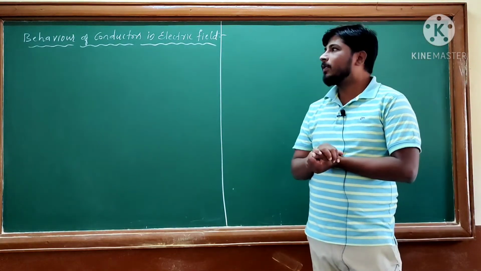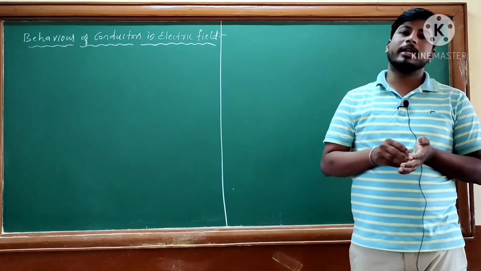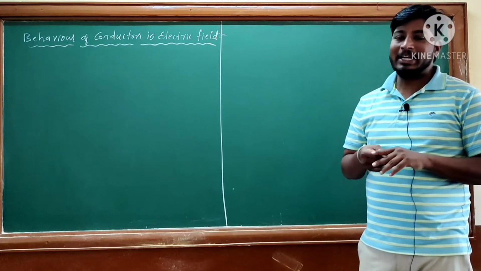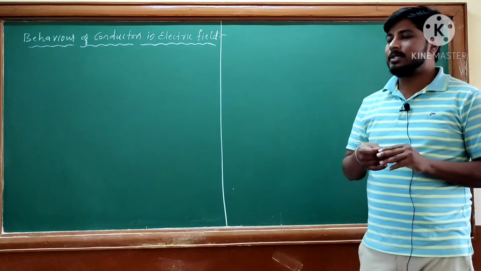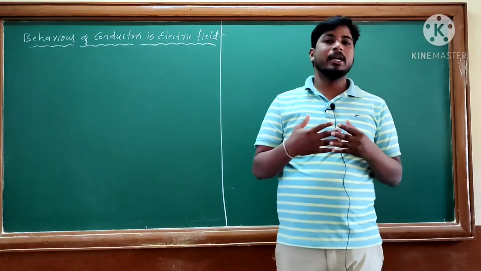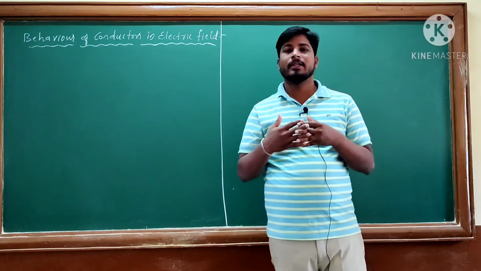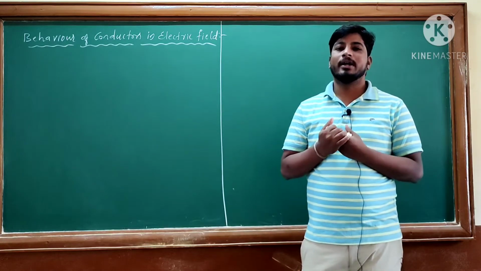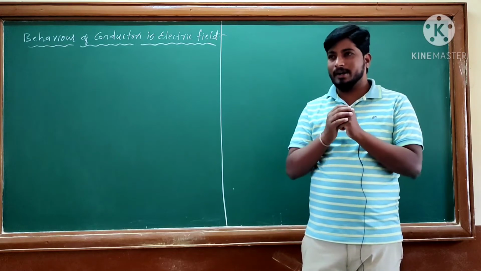Today we will talk about the behavior of the conductors in the electrostatic field or electric field. We know that conductors are nothing but the substances which carry the charges. There are so many free electrons, and these free electrons are moving randomly inside the conductors, so they can carry the charges or the electric current.